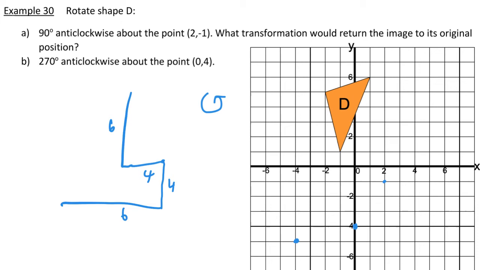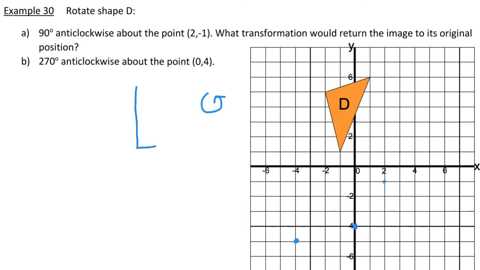And then the last point, to get from our centre to our top point, we go left 1 and up 7. And that rotated in an anti-clockwise direction will go down 1 and left 7. So down 1 and left 7 from our centre will take us to the point -5, -2. And joining those points up, I'm going to call this D1.